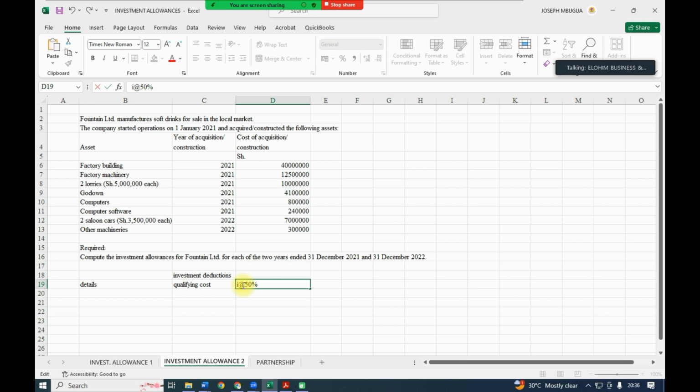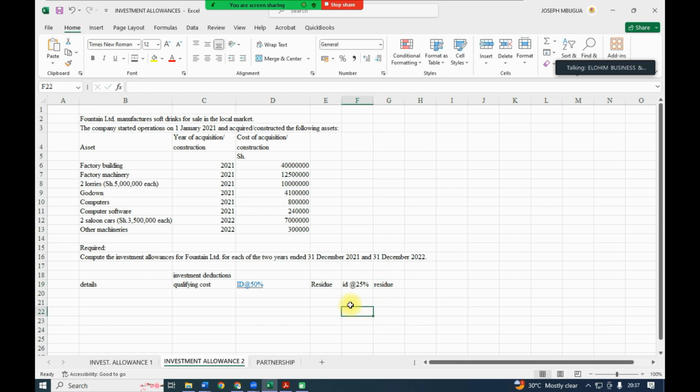ID in this case is investment deduction, ID at 50%, and whatever we get is residue, and we calculate ID at 25% on the balance, investment deduction second and subsequent year, 25%, and we get the residue.